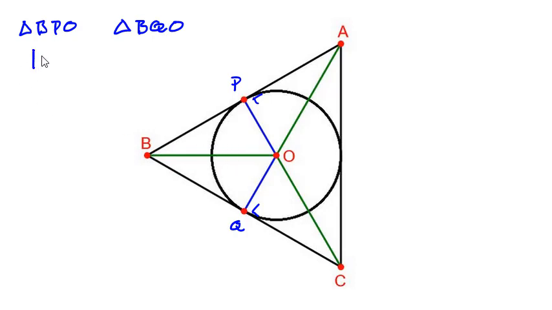So we can say that the length of BO is equal to the length of BO. We also know that the angle PBO is equal to the angle QBO, because this line BO came about from the bisection of this angle B. So we can say the angle PBO is equal to the angle QBO.